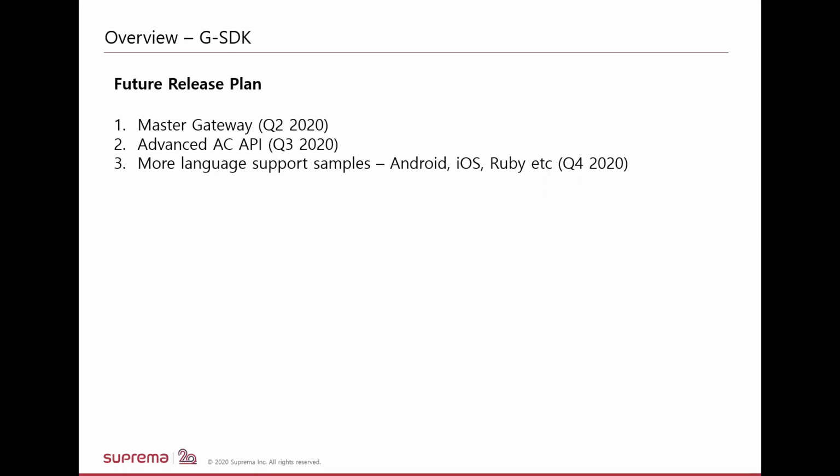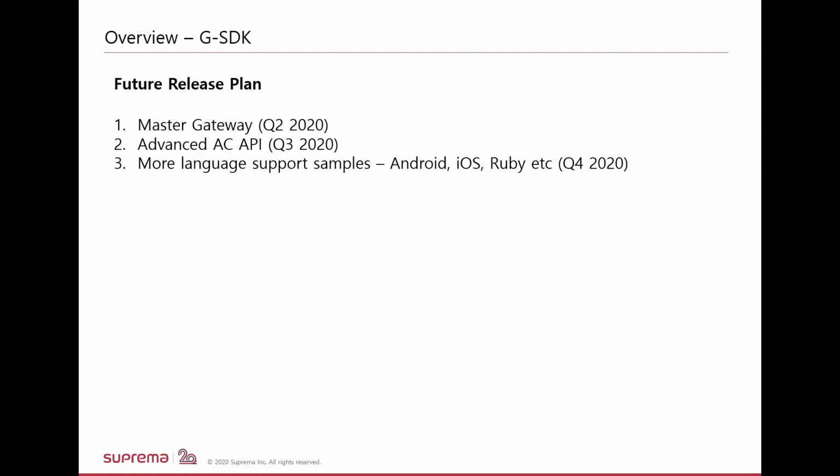I will explain this in more detail on the next page. And second, advanced AC APIs. I mentioned that GSDK doesn't support advanced AC features such as zones or weekend configuration, but only simple configurations and features right now.